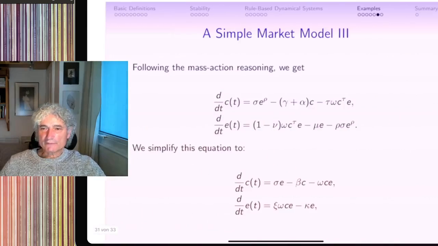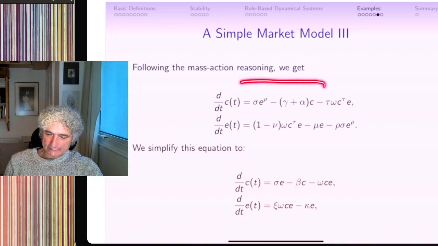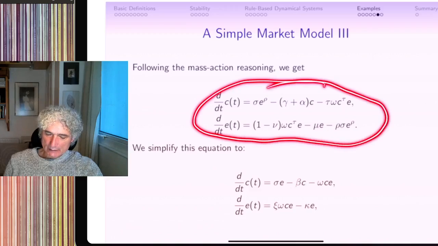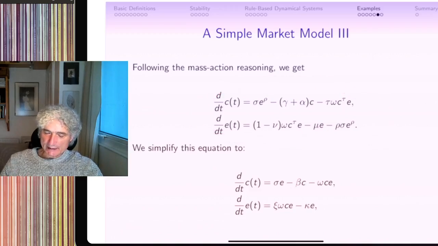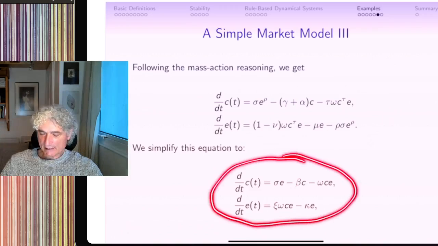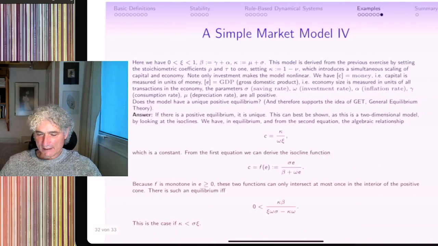And now if you just formally plug that into the mass action kinetics formula, then you get this model here, and this can be simplified to a two-dimensional ordinary differential equation where we have redefined the parameters a little bit.